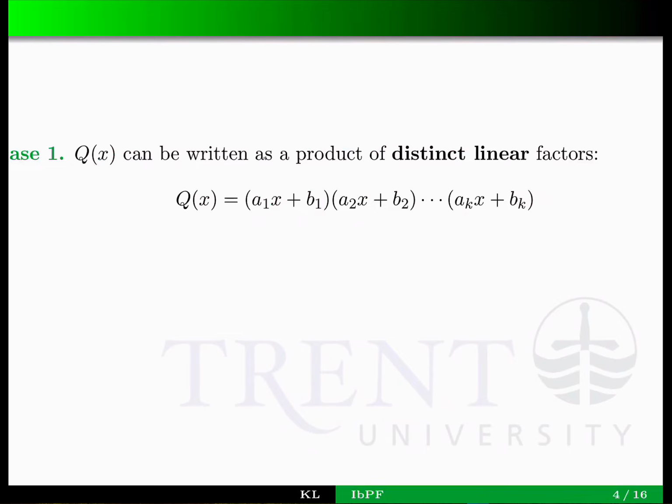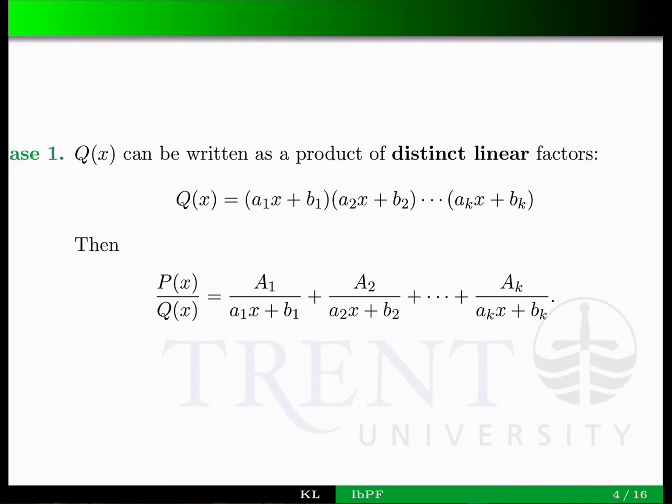So if this is the case, then p of x over q of x, in here we want this to be a proper fraction, meaning the degree of p is less than the degree of q.